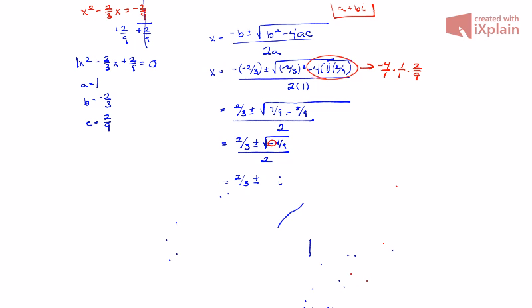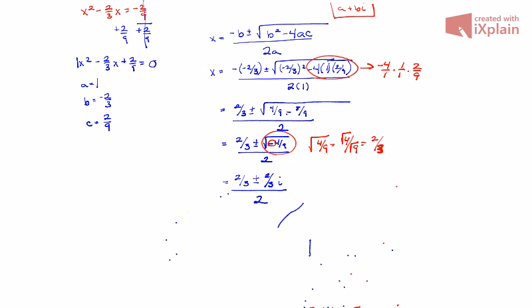And again, let's talk about the square root of 4/9. You can break that radical apart. So really the square root of 4/9 is equal to 2/3. The square root of 4 is 2, and the square root of 9 is 3. And this is all over 2.